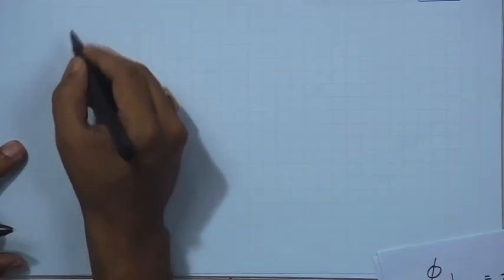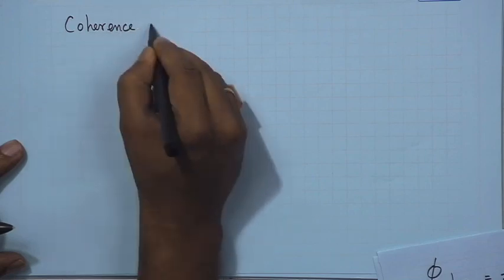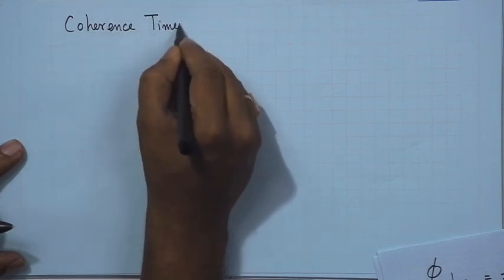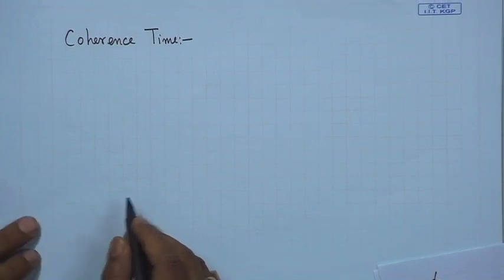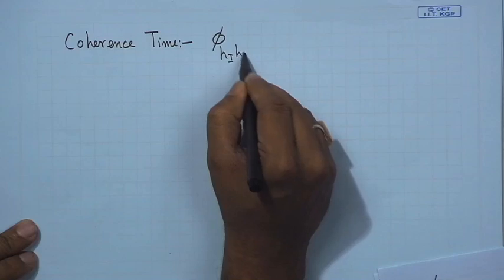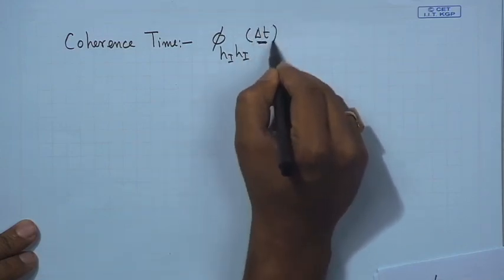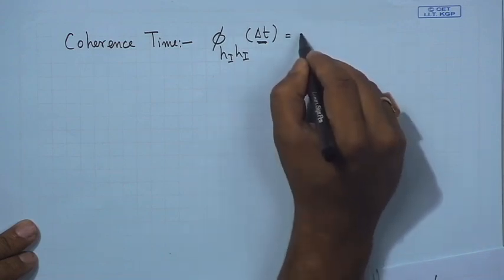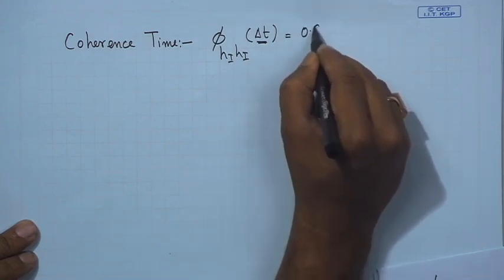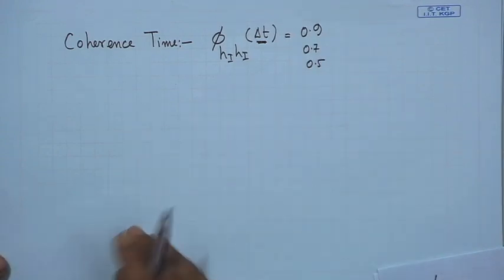For instance, now we would say that coherence time is the time for which the phi h, in our case, which is h of delta t. So, basically we are talking about this delta t is equal to a certain value, let us say 0.9 or 0.7 or 0.5 and so on and so forth.